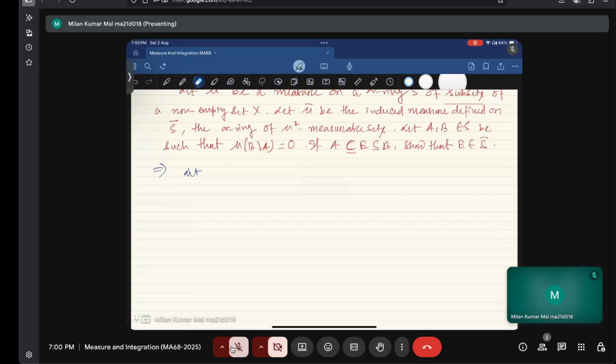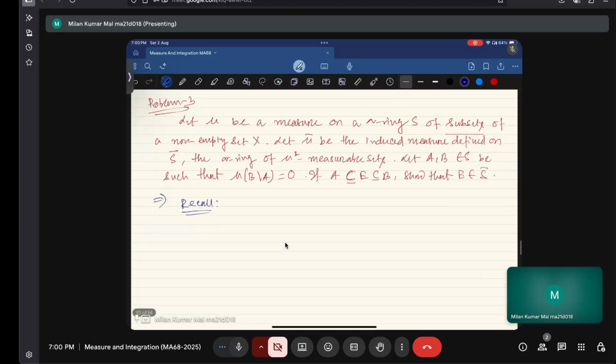Okay, but we'll just recall some facts. Suppose we are given S, the sigma ring.